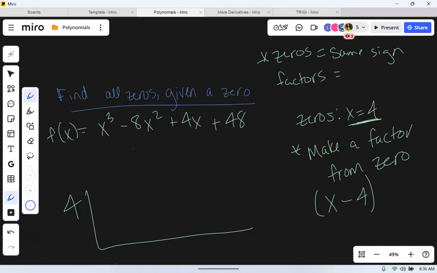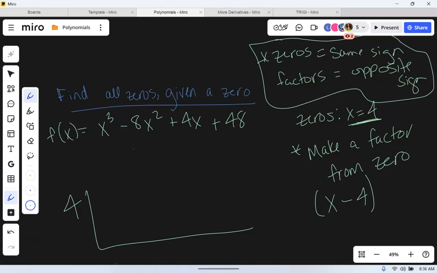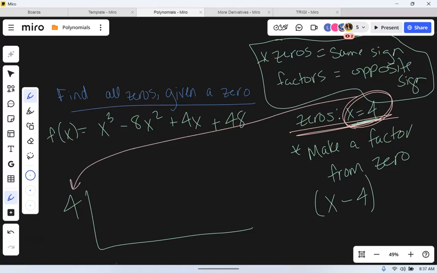If you remember that, you'll be A-okay. But it's the same. So whatever the zero is, you put that exactly like that outside here. But when you write the factor, you change the sign.